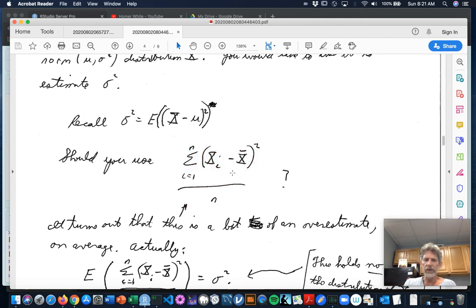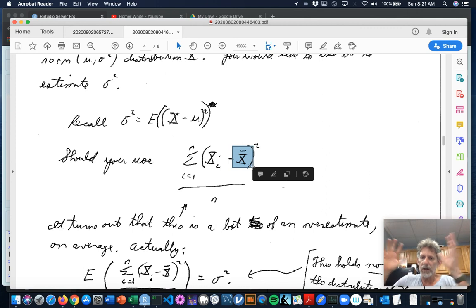And the reason for that is that in there is not a mu. You don't know mu, so you can't use it to compute these squared deviations. You're just guesstimating it with X bar. But X bar is tailor-made to be close to all the Xi's at once.